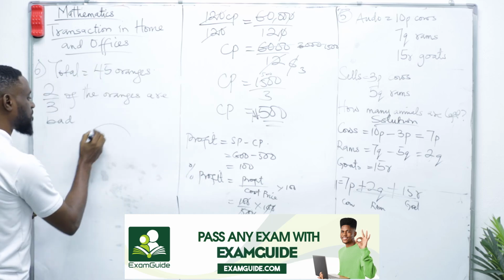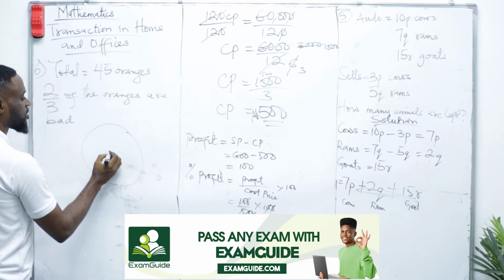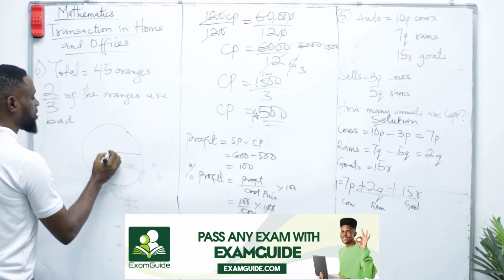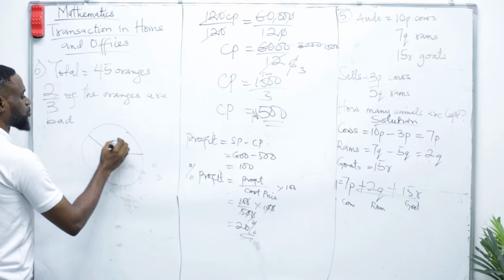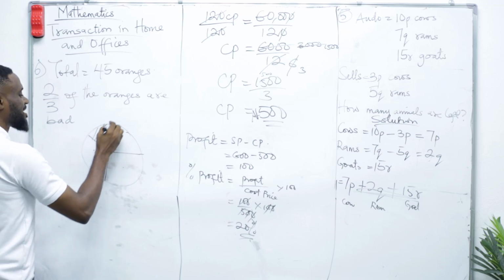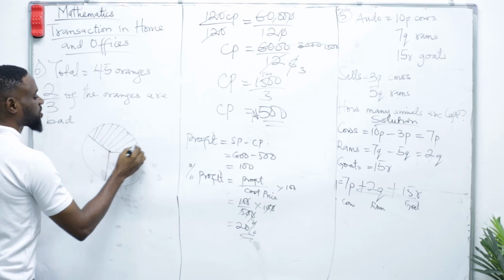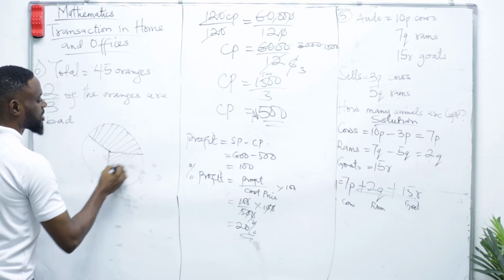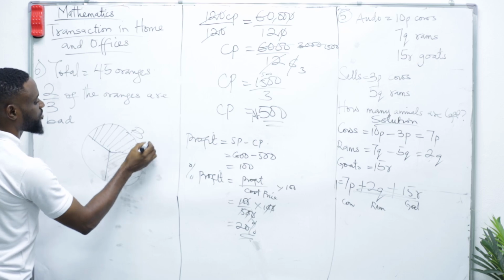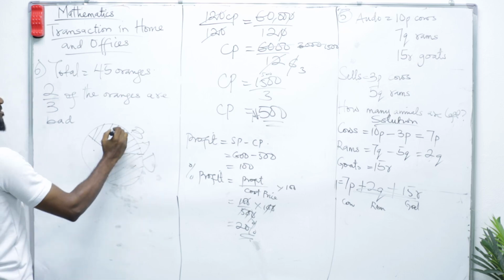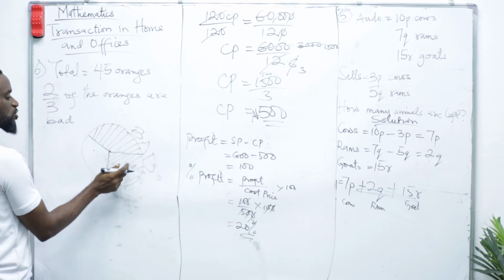If this is the orange and we have it divided this way into 3 parts, 1, 2, 3, and they say this side that I shaded, all this side are bad. This means this shaded part is 2 parts.